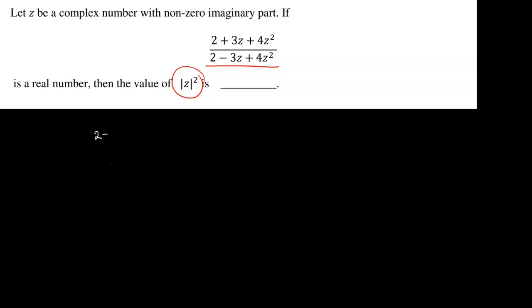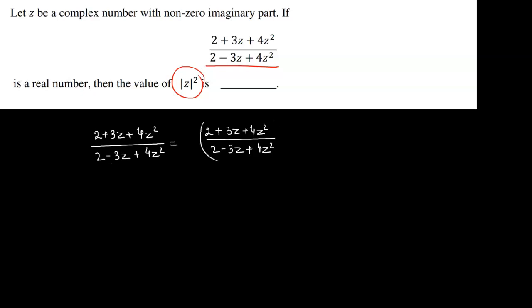It is 2 plus 3z plus 4z square upon 2 minus 3z plus 4z square is equal to its conjugate, which will be 3 plus 2z plus 4z square upon 2 minus 3z plus 4z square. This is the representation of the conjugate of any function.